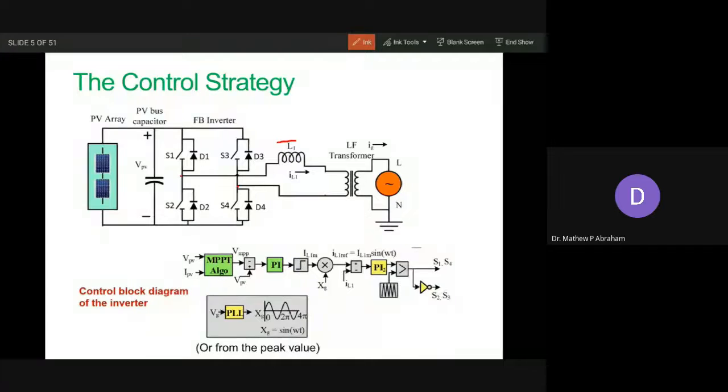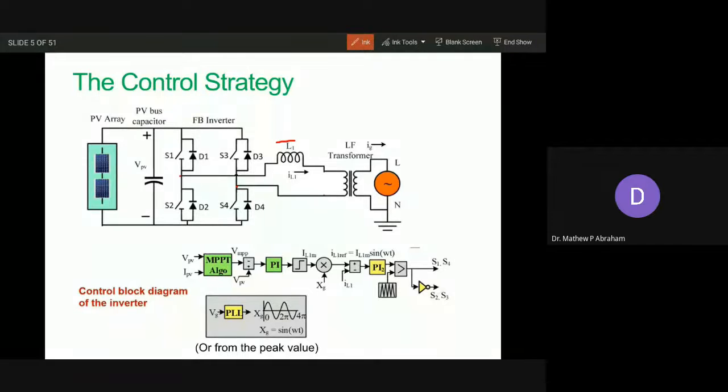And in most of the cases, the voltage level of the battery will not be compatible with the grid. So we will be always connecting it through a transformer.